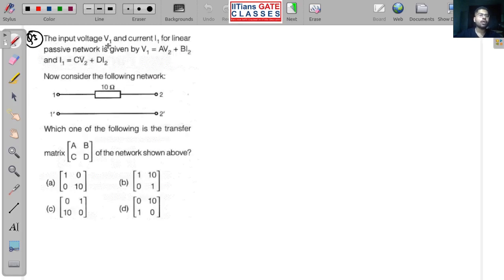The input voltage V1 and current I1 for a linear passive network is given like this. You can see V1 is equal to A V2 plus B I2 and I1 is equal to C V2 plus D I2. Note the ABCD parameters here.